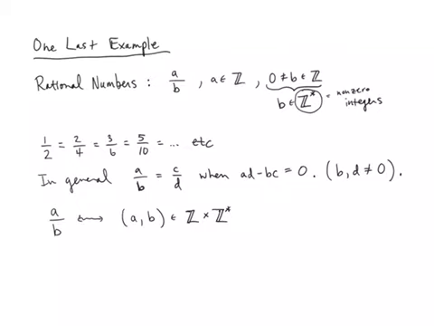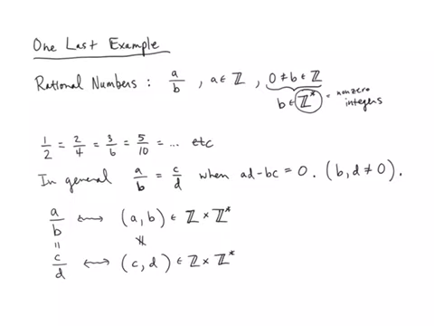But not really, because that a over b could be the same as some other c over d, and c over d corresponds to a potentially different pair. If a and b are 1 and 2, and c and d are 2 and 4, these are two different pairs. So these things are equal as rational numbers, but these things are not equal as elements of Z times Z star.